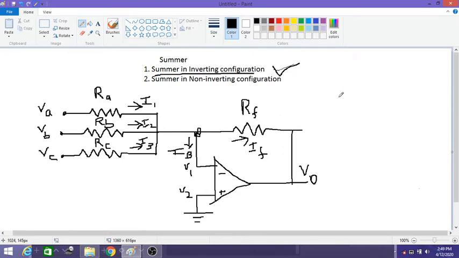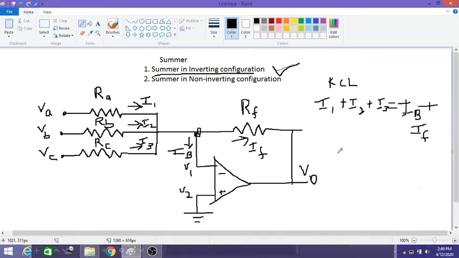Why? Because of the virtual ground concept, V2 is connected to ground, and the internal resistance of this Opamp is ideally very high, so there is no current flowing through terminal V1, so the IB current is equal to 0. Anyway, let us apply Kirchhoff's current law: I1 plus I2 plus I3 is equal to IB plus IF.